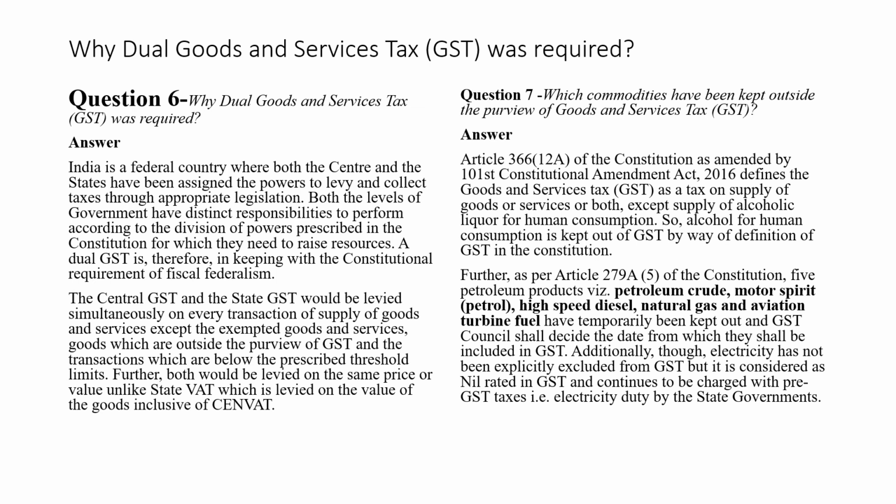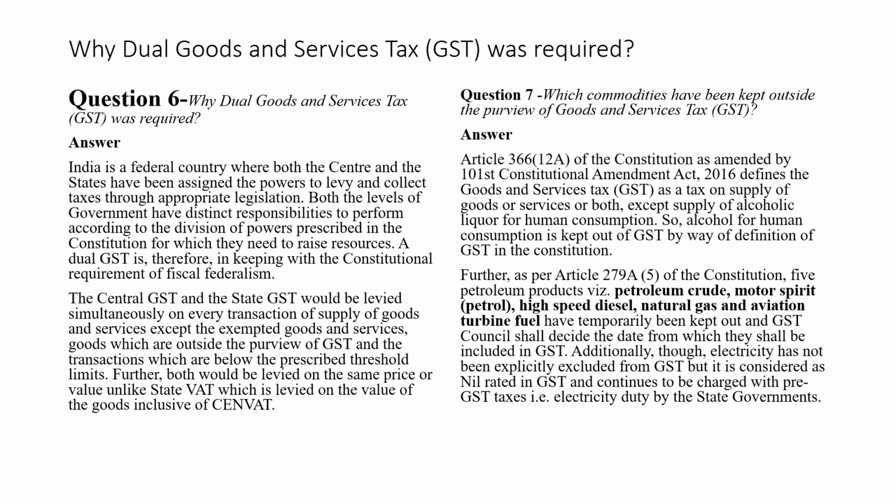Further, as per Article 279A(5) of the Constitution, five petroleum products like petroleum crude, motor spirit petrol, high speed diesel, natural gas and aviation turbine fuel have temporarily been kept out of GST. The Council shall decide the date from which they shall be included in the GST.